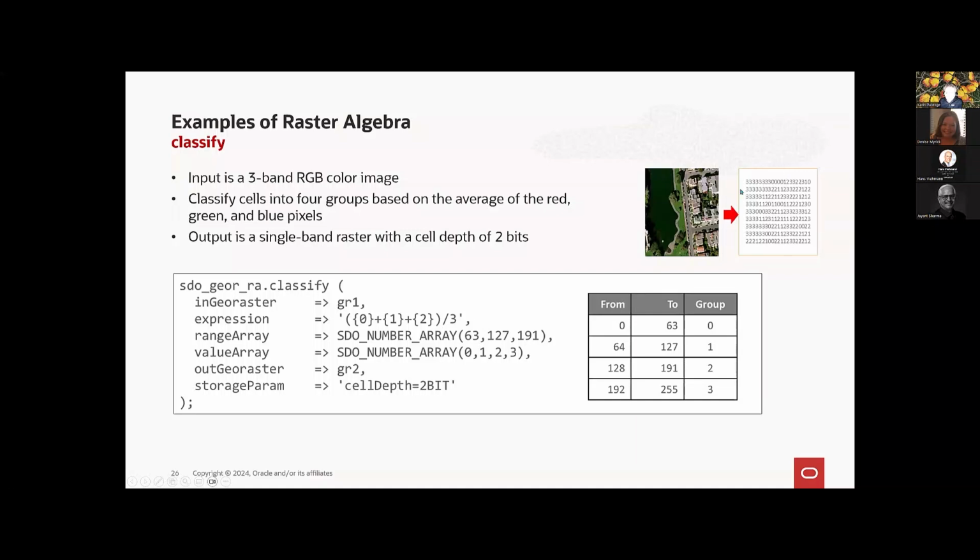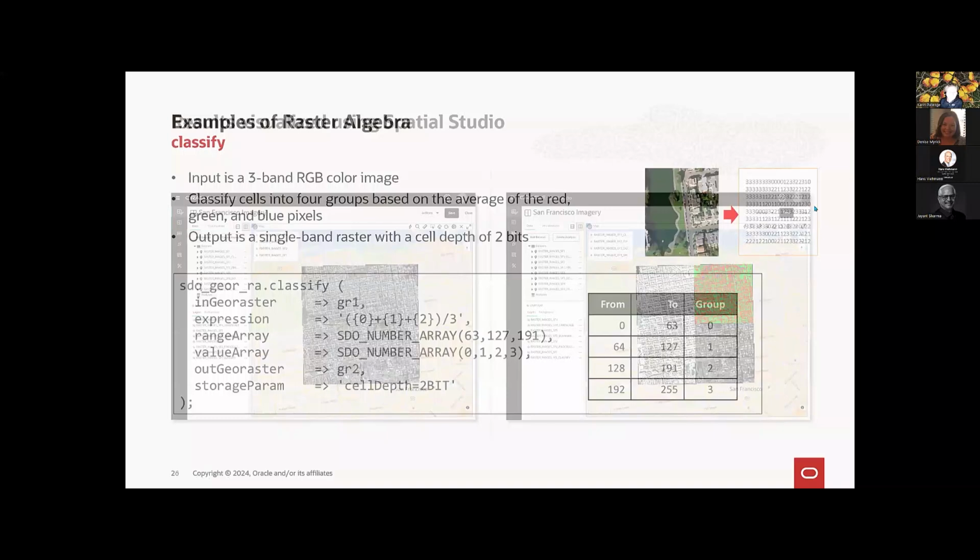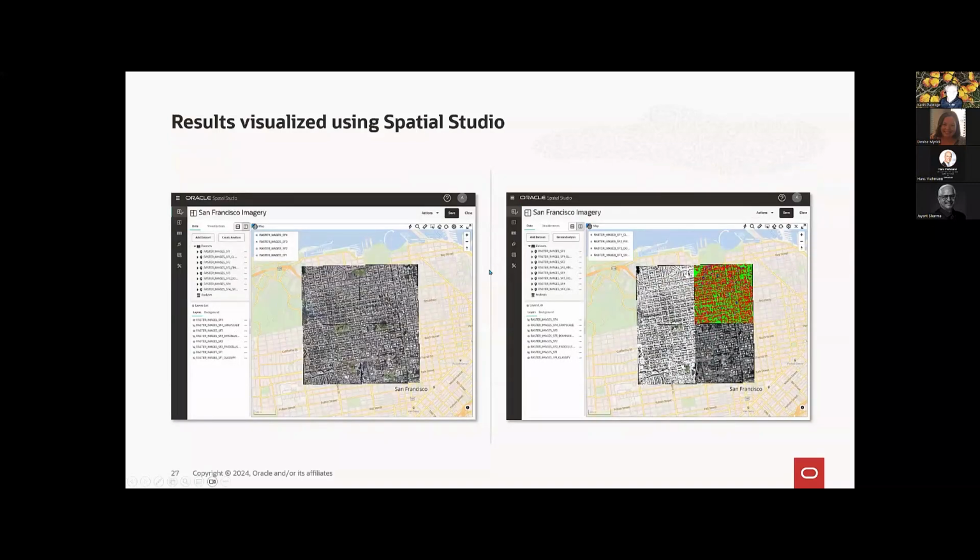So we have this kind of turning a red, green, blue image into a raster or a matrix of values between 0 and 3. In order to represent those 4 different values, we have a cell depth of 2 bits, and the output raster is this one. I've also summed it up here in this Spatial Studio image.